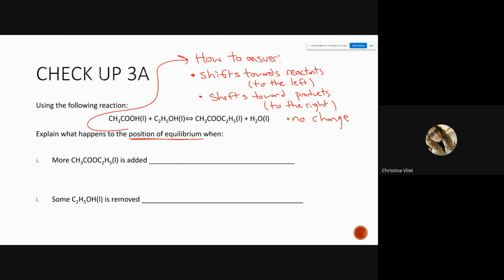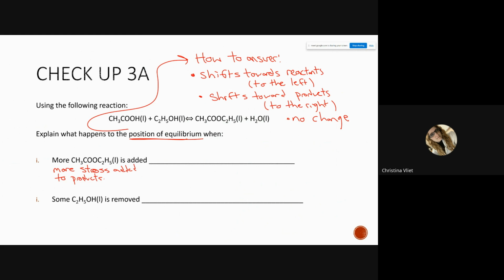If I add more product, what does the system do? It shifts to the left, to the reactant. Correct. So the idea is you have to analyze which side is having more stress added to it. More stress is being added to the product. So the system does the opposite.